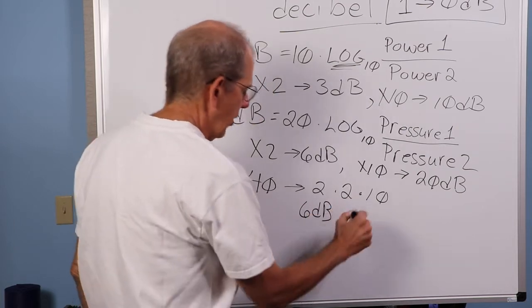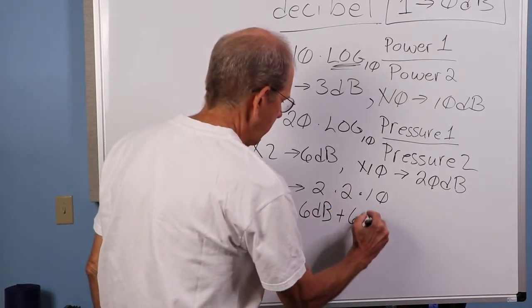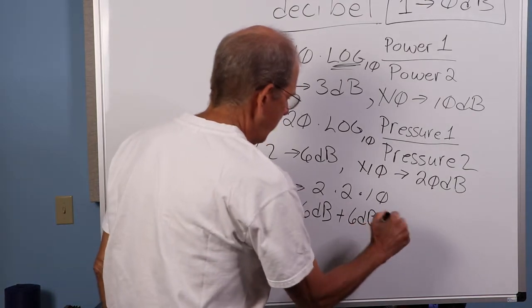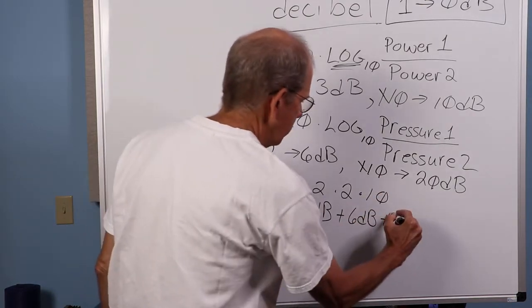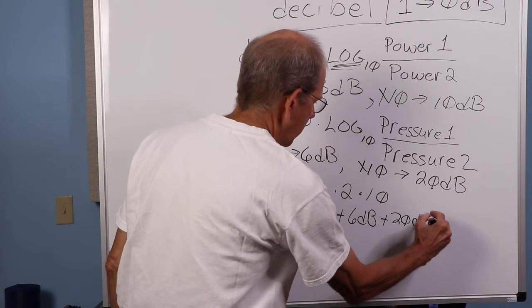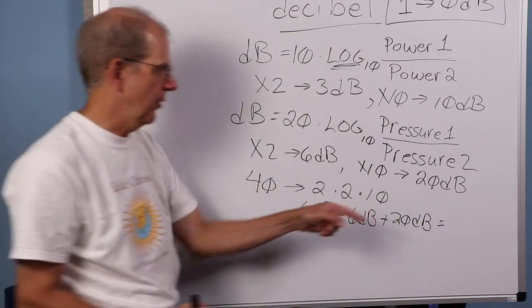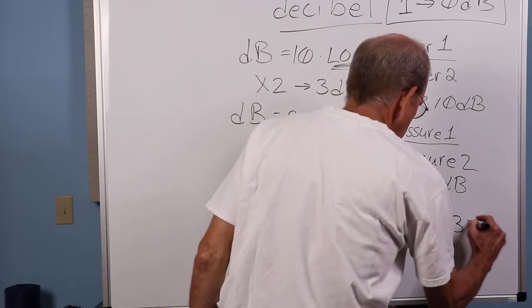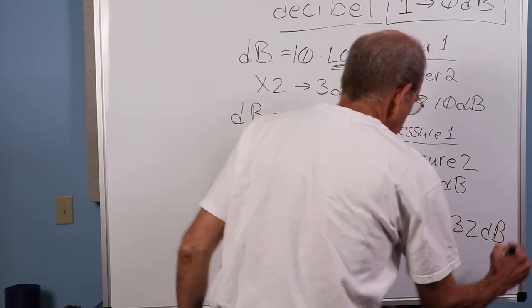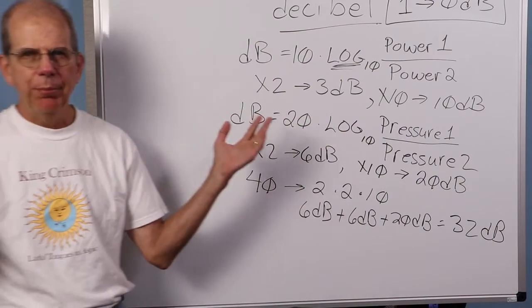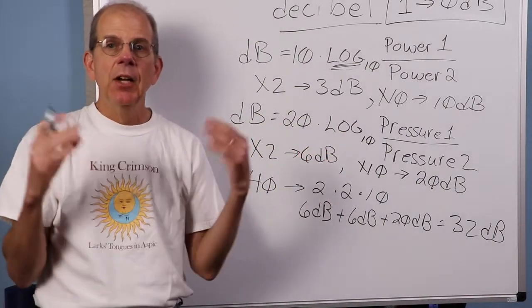And the multiplies all turn into adds. Right? The factor of 10 turns into 20 dB. Right? So we got 6 and 6 and 20, right? 32 dB. Beautiful.